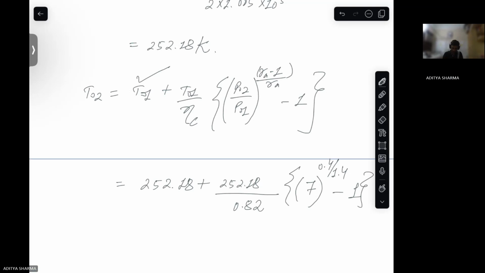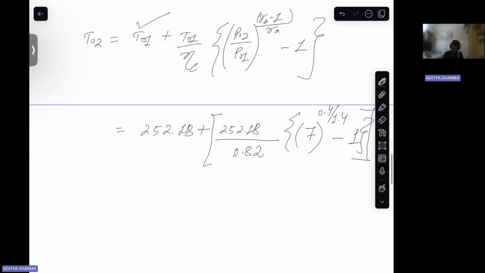If you work this out, this will come out to be 480.87 Kelvin. So this is the total temperature at the exit of compressor. Okay.